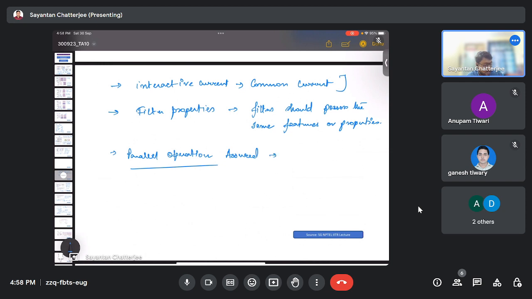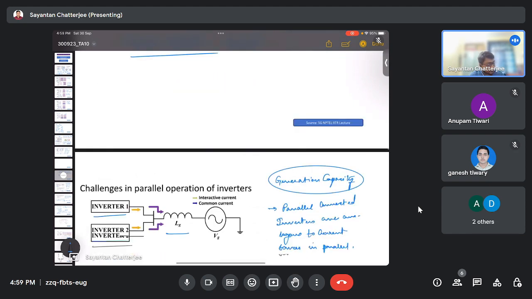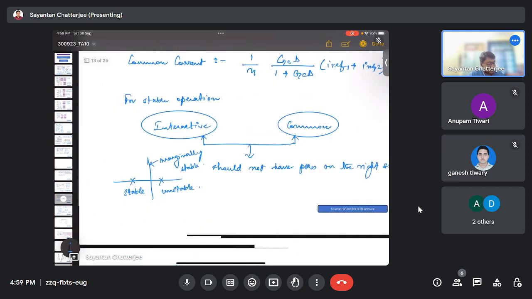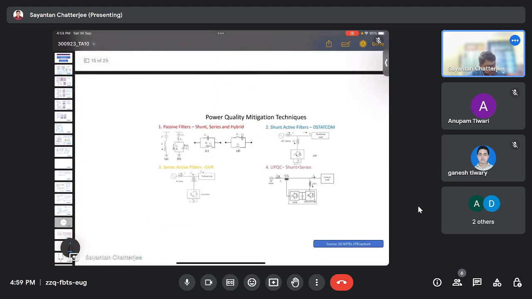If the parallel inverters have the same filters, it would be easy, but that's not the case in a practical scenario. So there are some deviations. To maintain the system in a stable condition, all these features need to be addressed. So this is mainly with the parallel operation of the inverters.